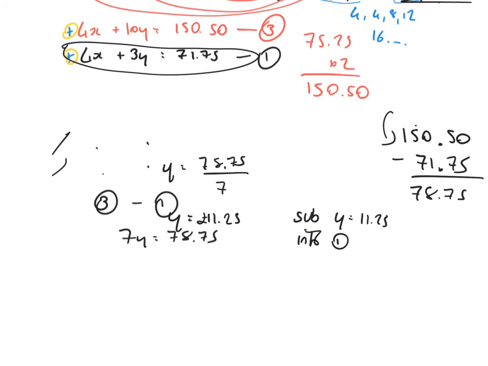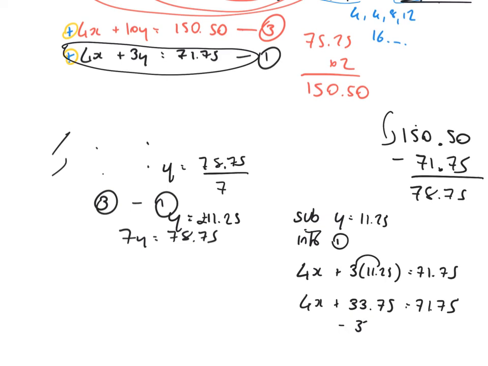So where I see y, I'm going to replace it with £11.25. So it's going to be 4x plus 3 lots of £11.25 is equal to £71.75. 4x plus 3 lots of £11.25, that's £33.75, that's equal to £71.75. It's then going to be £33.75 off of both sides.